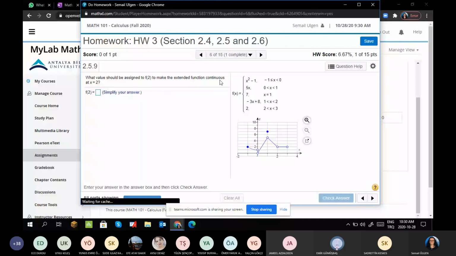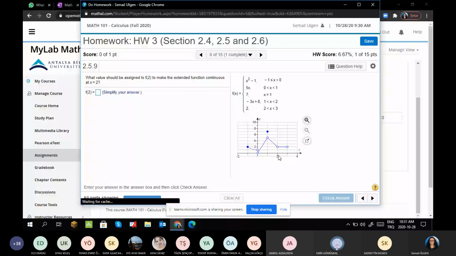In this question it says, what should we assign f of 2 to make the extended function continuous at x equal to 2? For example, let's say at 2 the function is not defined. We want to make it continuous at 2. But the new function that we define by extending the current function is a new function. It's not this anymore. We are going to call it g.